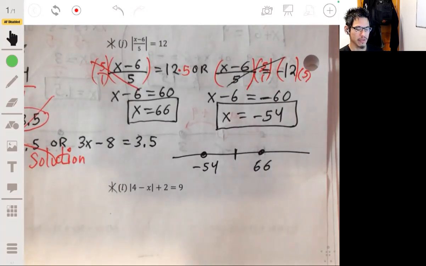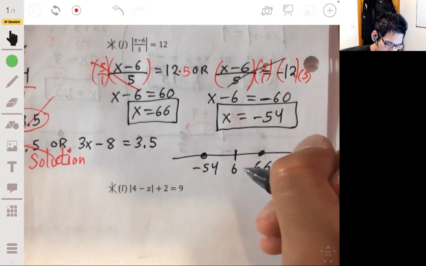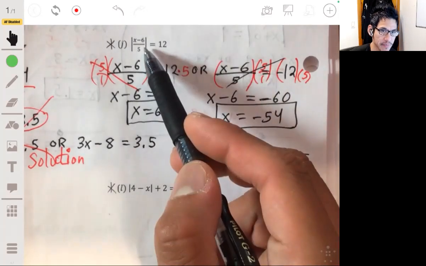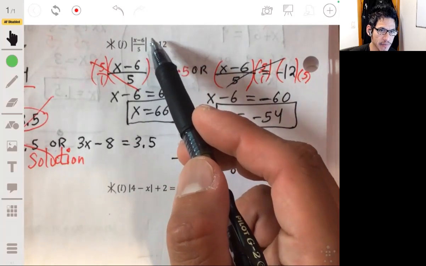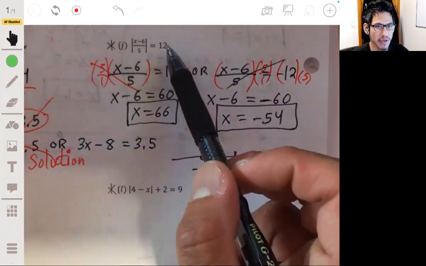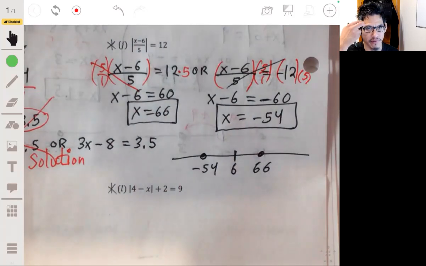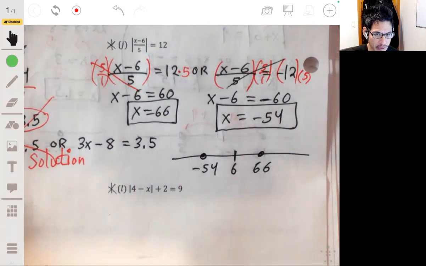Those are 120 away from each other, so the middle will be 6. And you see how the 6 pops up in there? This is basically saying what numbers are 12 units away from 6 after you multiply by 1/5, or divide by 5. That sort of thing.